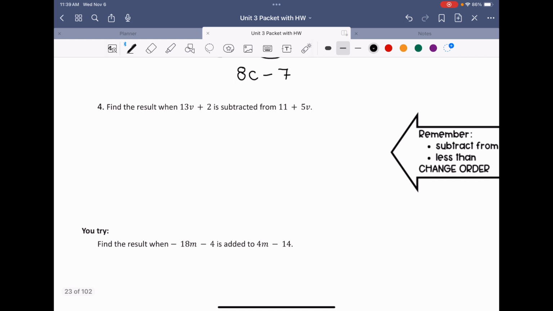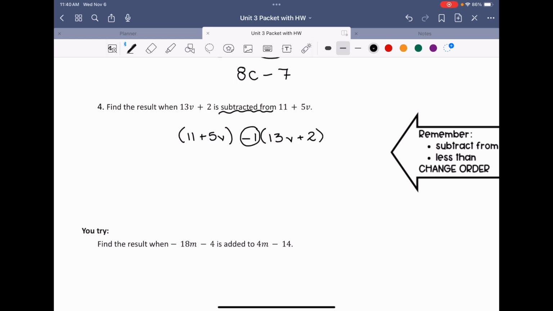All right, let's read the next one. Find the result when 13v plus 2 is subtracted from 11 plus 5v. So the key thing that we have to pay attention to here is the fact that it says subtracted from. That means we're going to change the order. So we're taking this 13v plus 2 away from 11 plus 5v. So we're going to write 11 plus 5v minus 13v plus 2. And write in your 1.